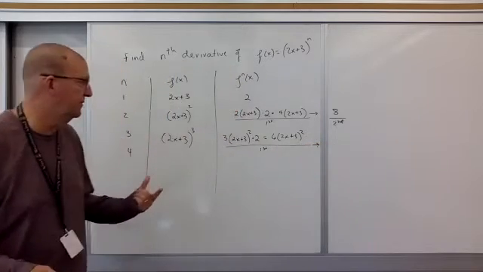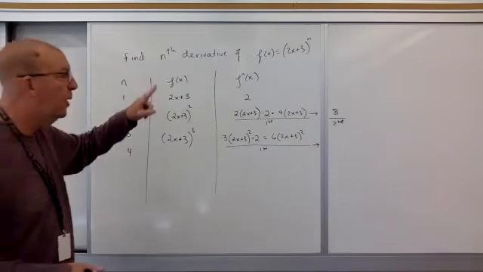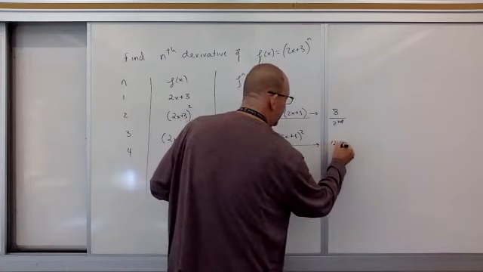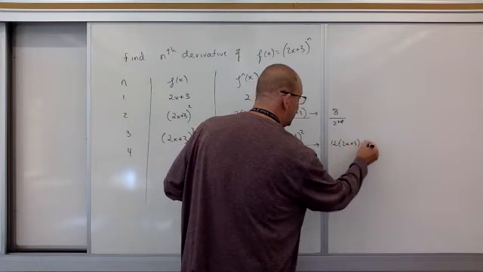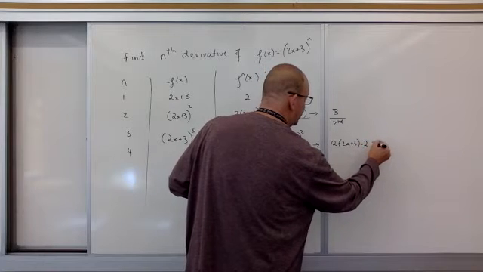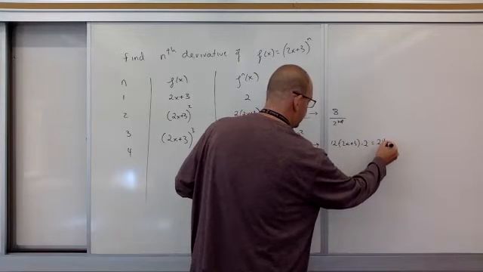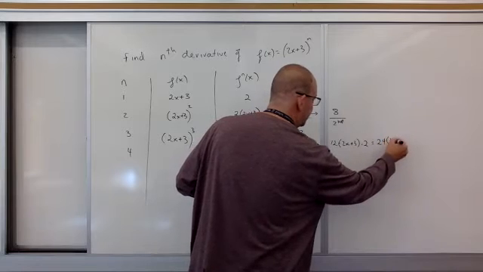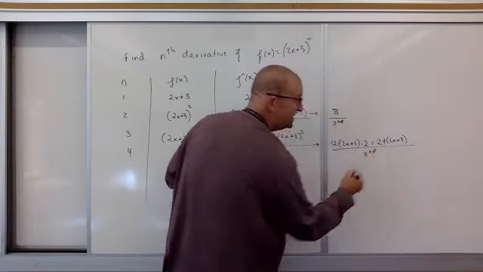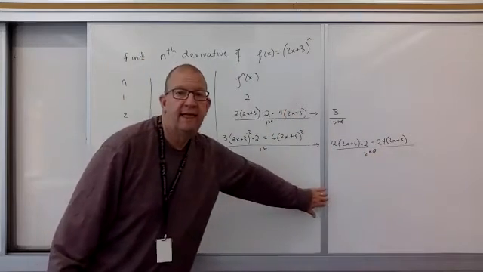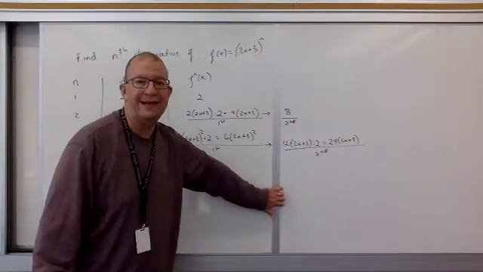What's the next derivative? 12 times (2x plus 3) times 2. So that's 24 times (2x plus 3). There's your second derivative. Oh, this is going to be great.